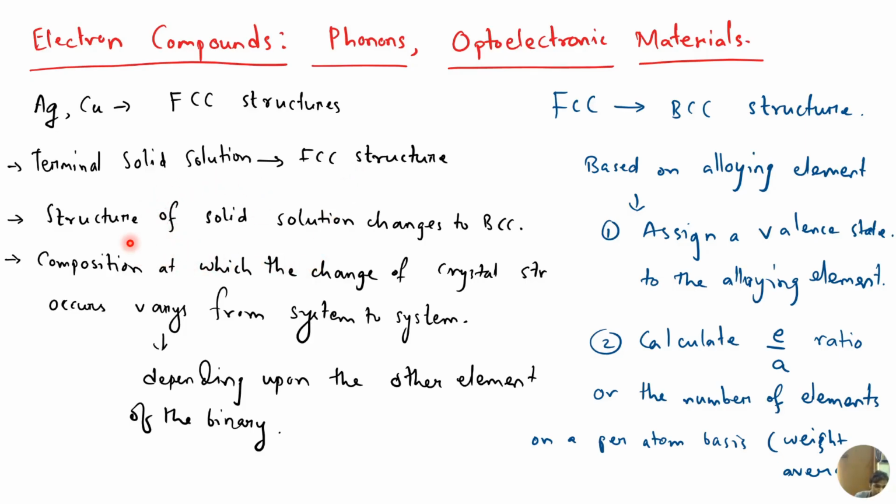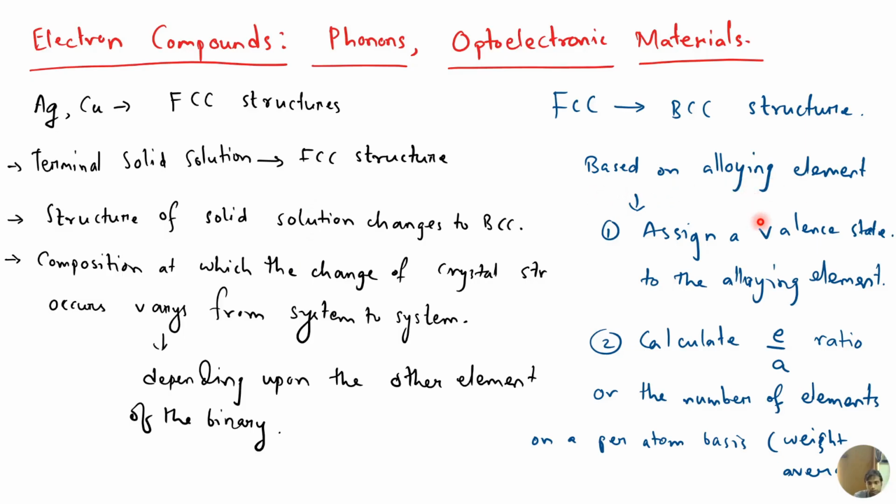But if you start mixing, the structure of the solid solution will change to a BCC structure. Individually they are FCC, but at a certain stage they become BCC depending upon the amount of alloy.